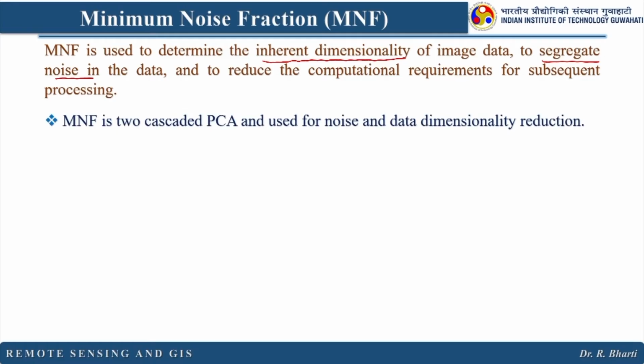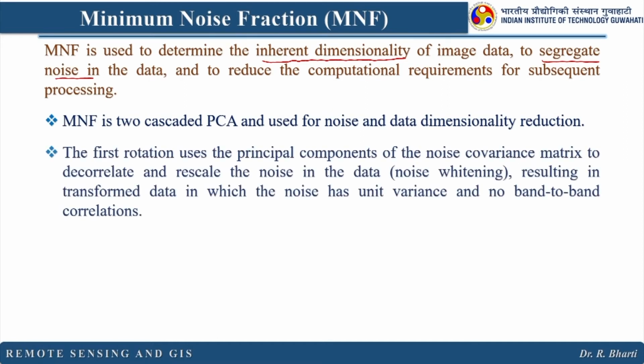MNF is 2 cascaded PCA and is used for noise and data dimensionality reduction. The first rotation uses the principal components of the noise covariance matrix to decorrelate and rescale the noise in the data, resulting in transformed data in which the noise has unit variance and no band to band correlation, right.